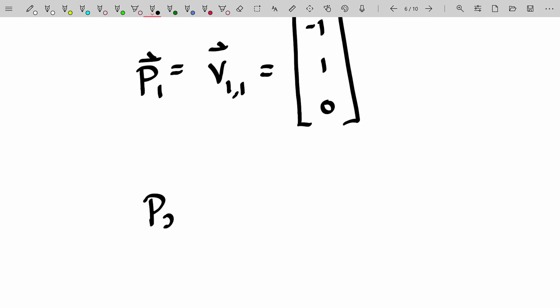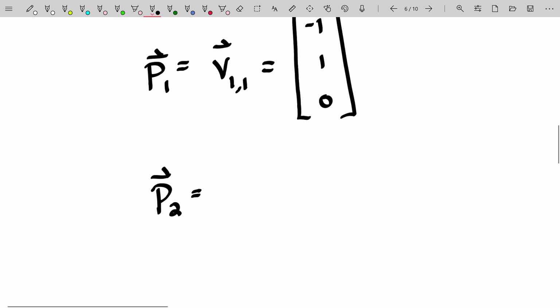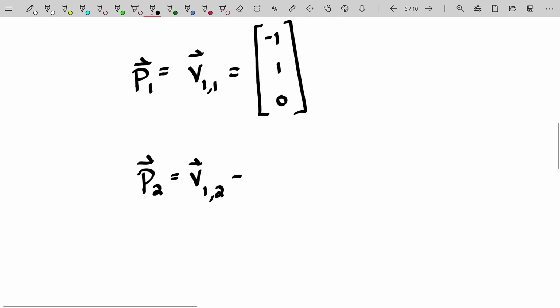Now I'm going to create P sub 2, the second column of P, by taking v sub 1,2, the second eigenvector for lambda sub 1, and subtracting off the projection of v sub 1,2 onto the space spanned by P sub 1. That just guarantees I have an orthogonal vector.